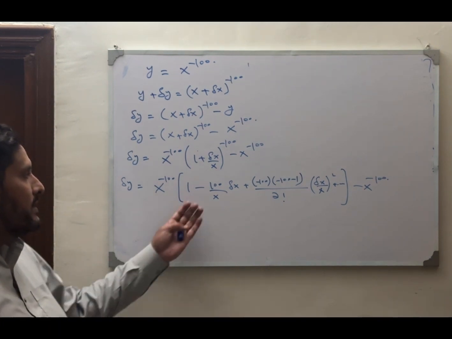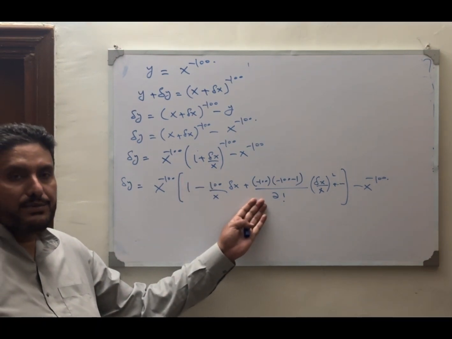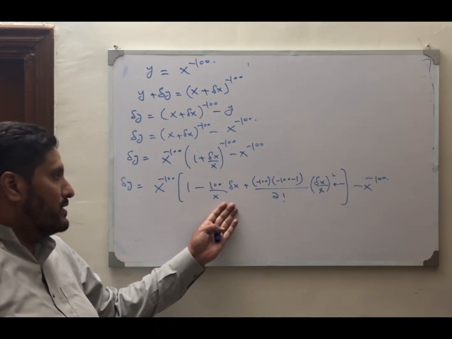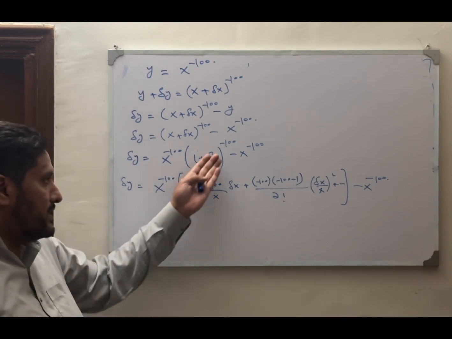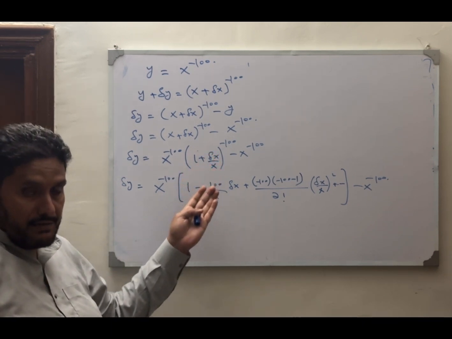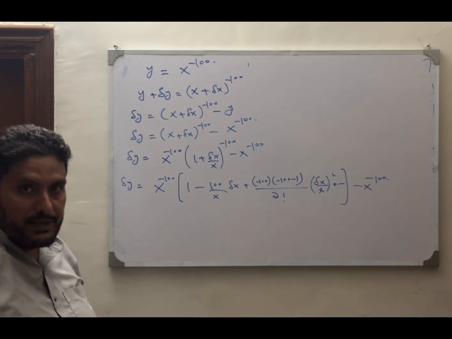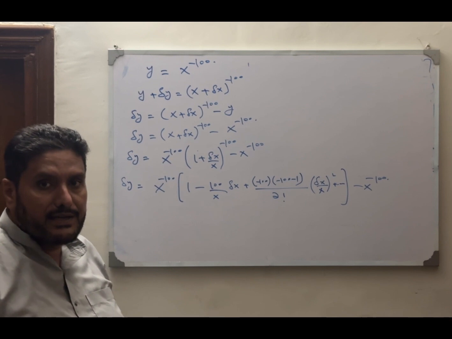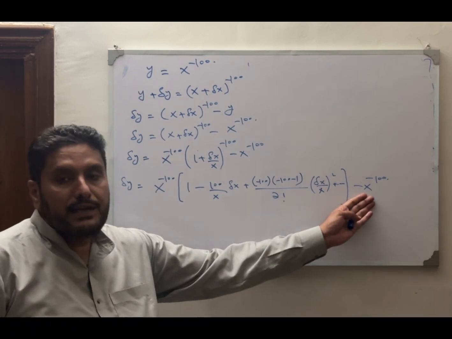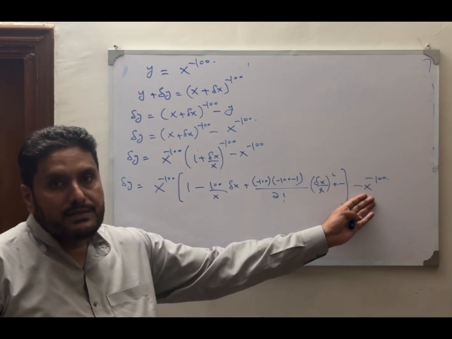So here we have applied the binomial theorem and expanded this term by using the binomial theorem: (1 plus x) power n is equal to 1 plus nx plus n into (n minus 1) by 2 factorial into x square plus so on. The remaining terms are neglected, and then at the end we have the value of y, that is x power minus 100.